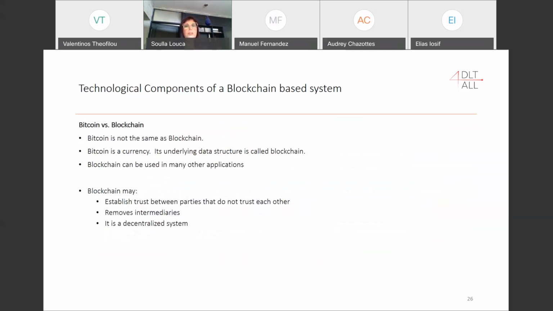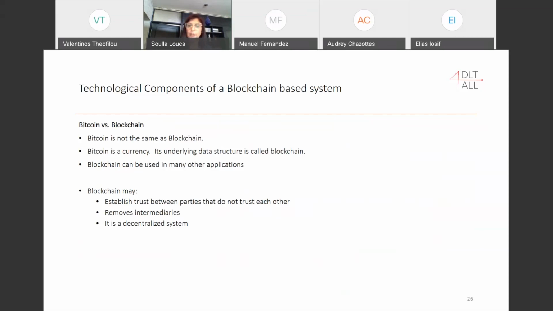As we said, Bitcoin is not the same as blockchain. Bitcoin is a currency, even though there is one blockchain that is also called Bitcoin, the one that issues the Bitcoins, the cryptocurrencies. Its underlying structure is called blockchain.